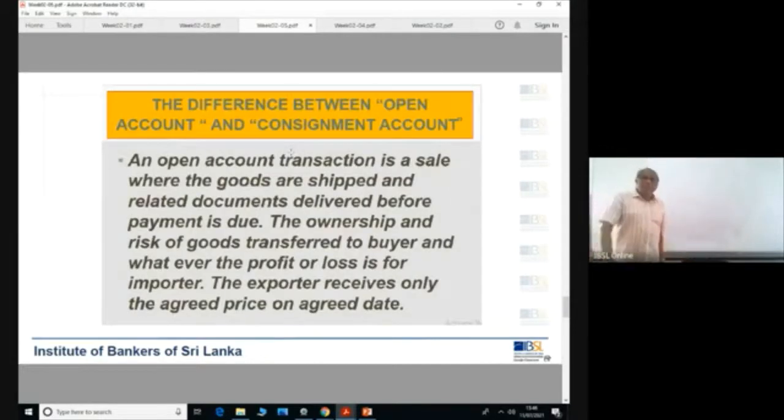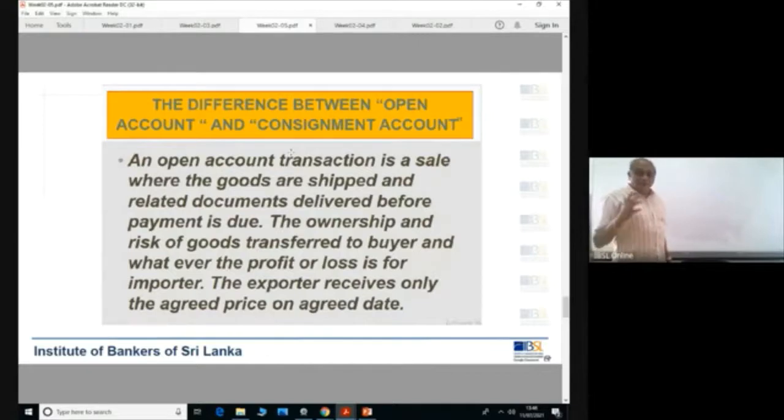The difference between open account and consignment account. Sometimes you might get a question like this. An open account transaction is a sale where the goods are shipped and related documents delivered before payment is made.